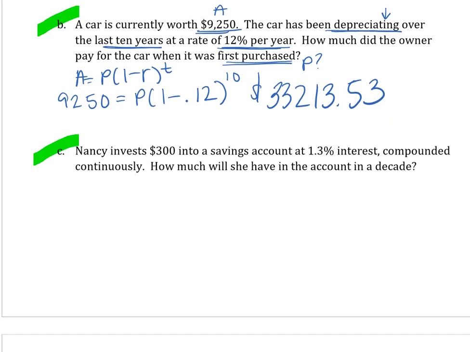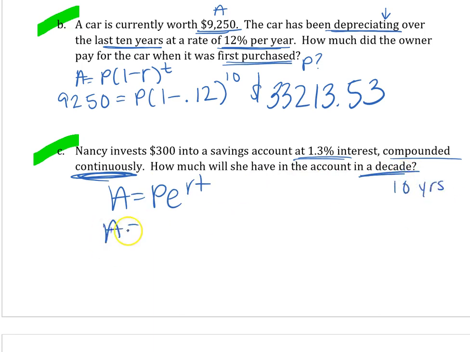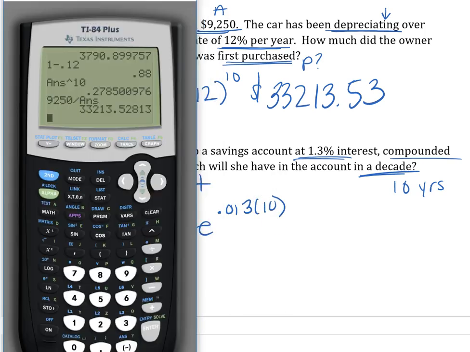Lastly, Nancy invests $300 into a savings account at 1.3%, compounded continuously. So this is your formula. How much will she have in the account in a decade? So that's 10 years. So I plug in, she put 300 in at 1.3%, so 0.013 over 10 years.